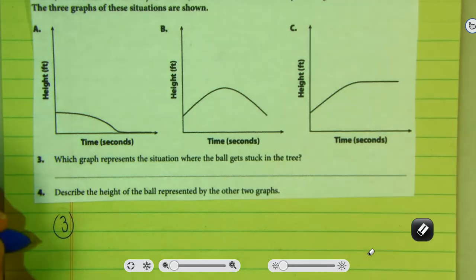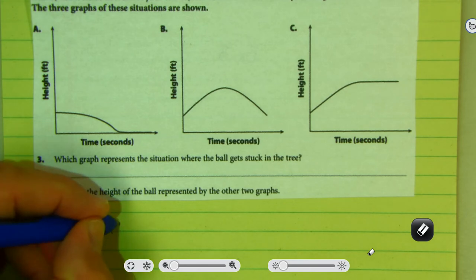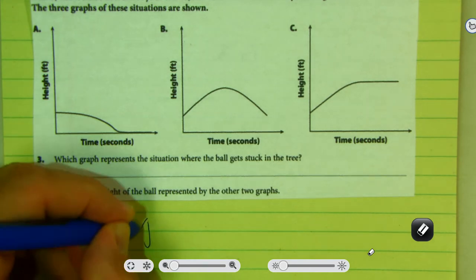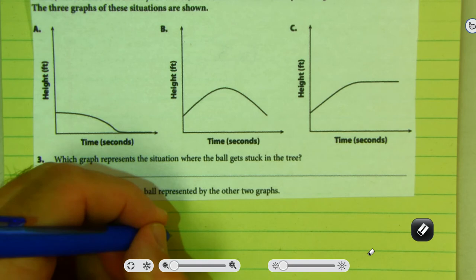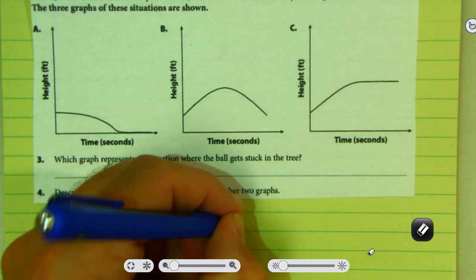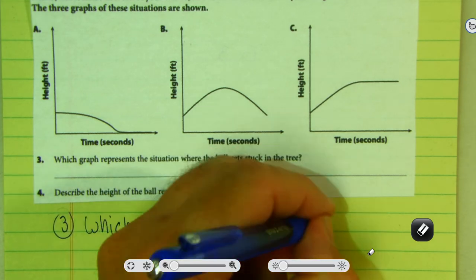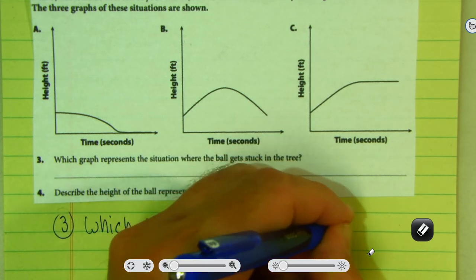So the question is this: which graph shows where it gets stuck in the tree? A, B, or C? Somebody at home answer that question, please.